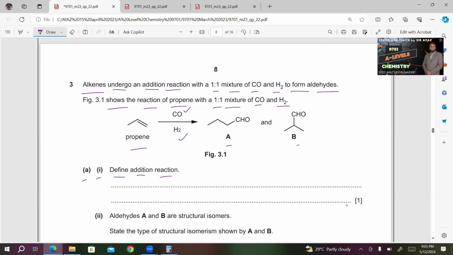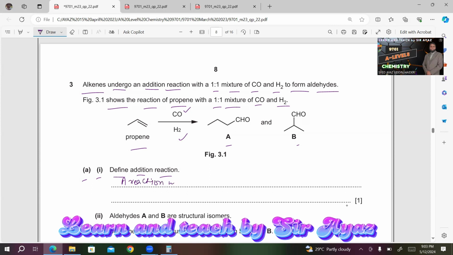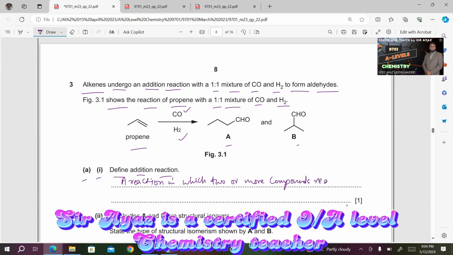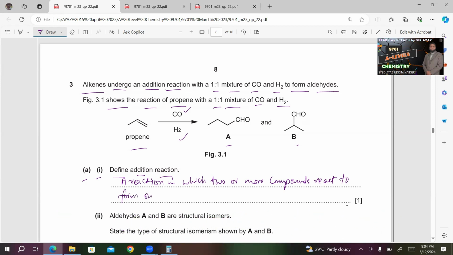It's a reaction in which 2 or more compounds react to form one product.